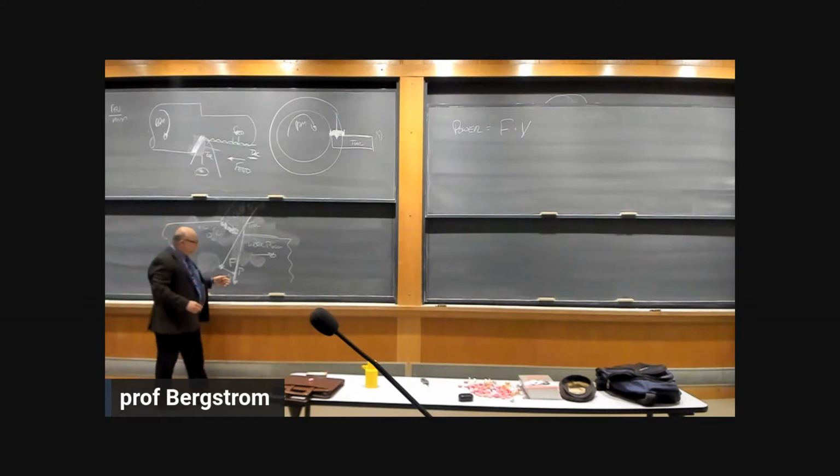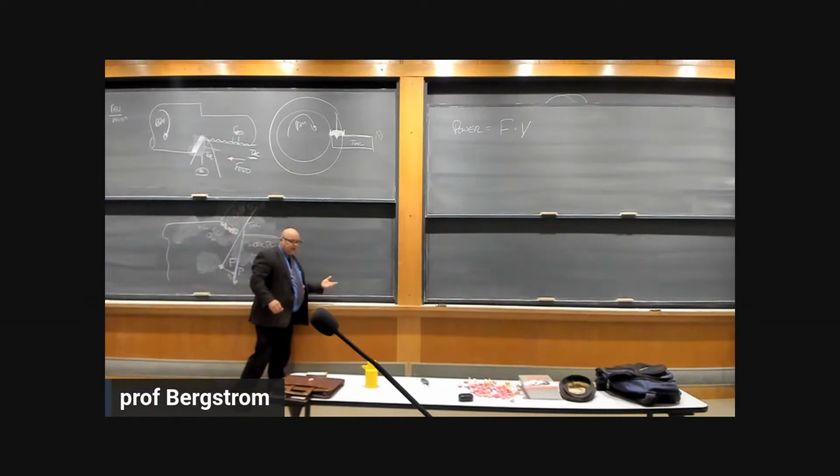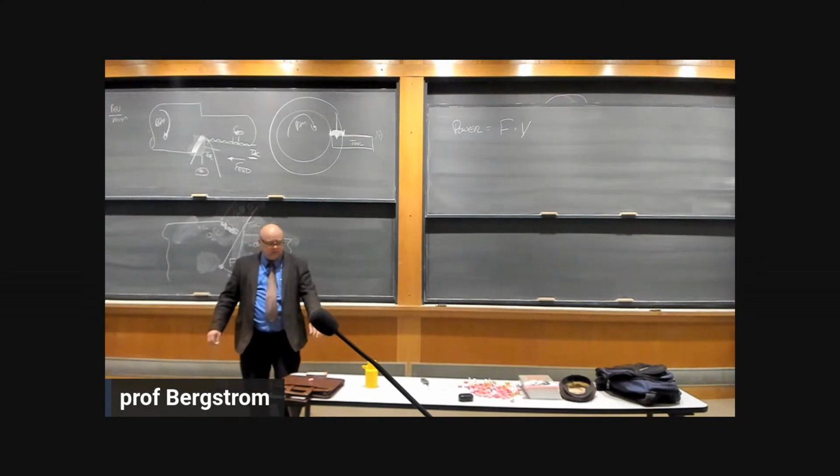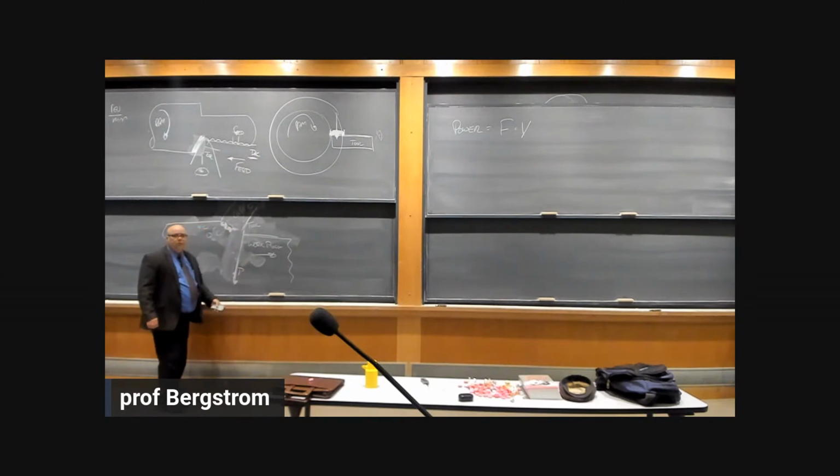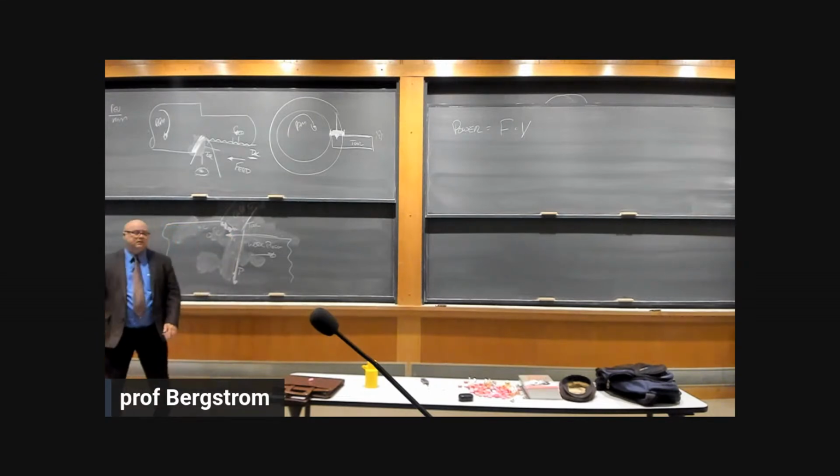Right? So, if we were to take and break down this resultant force into a force that aligns with the direction of motion, I'm going to call that FC. That's the cutting force.